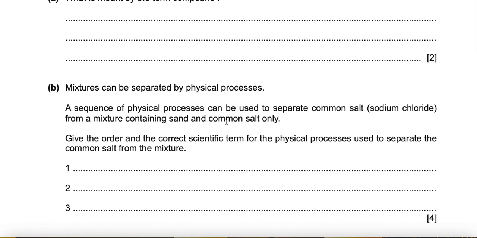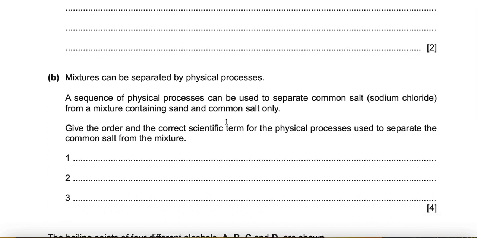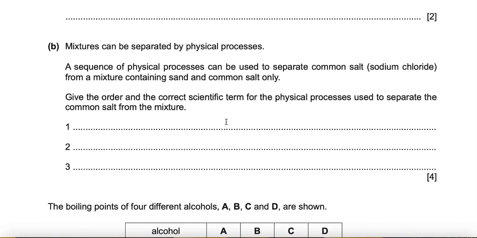Now, give the order and the correct scientific terms for the physical processes used to separate the common salt from the mixture. So we give the order, meaning you arrange which one comes first in the logical order, and we give the right scientific processes.